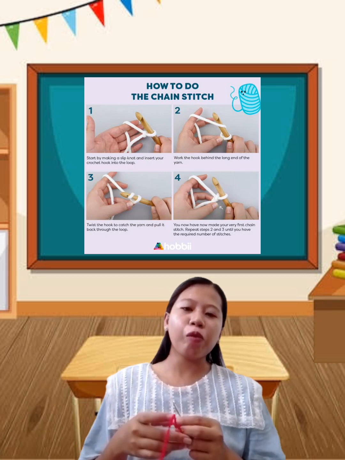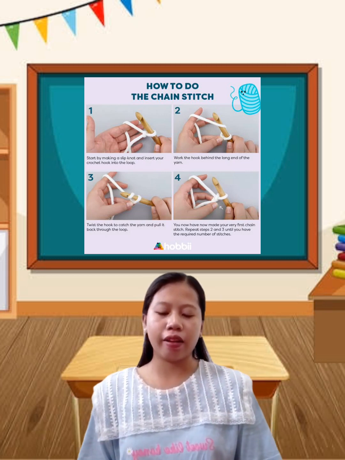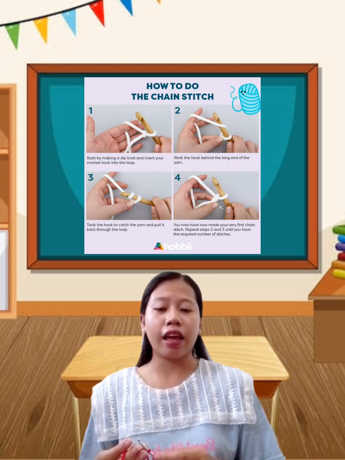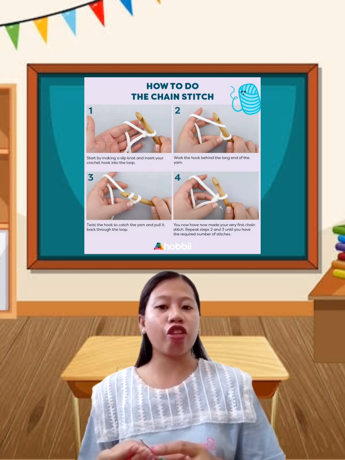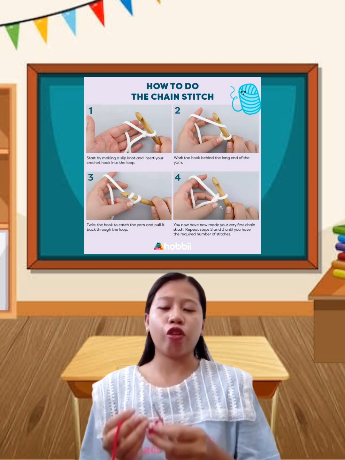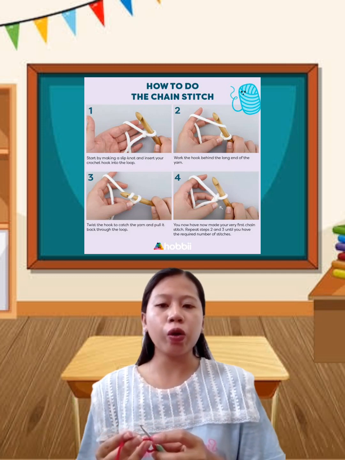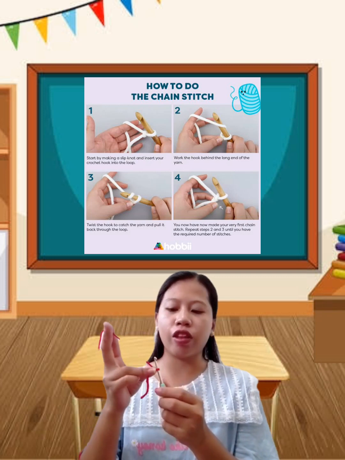Okay, now I will teach you how to make a foundation chain. Step 1, start by making a slip knot and insert your crochet hook into the loop, which is already done. Next, step 2, work the hook behind the long end of the yarn.